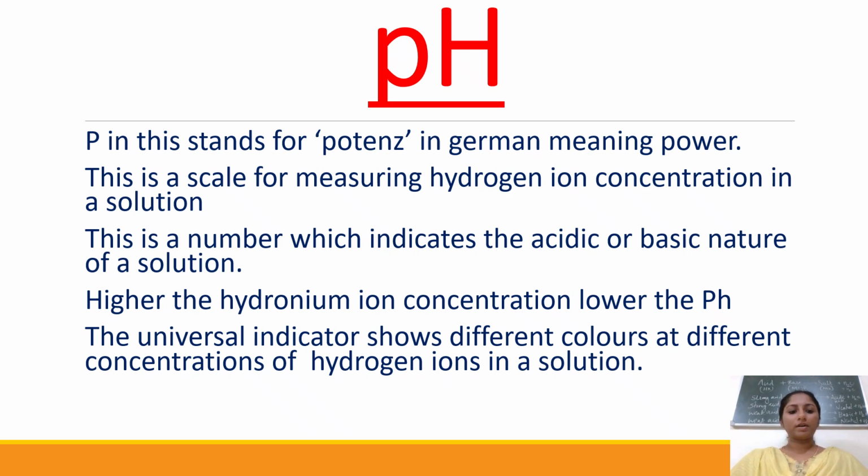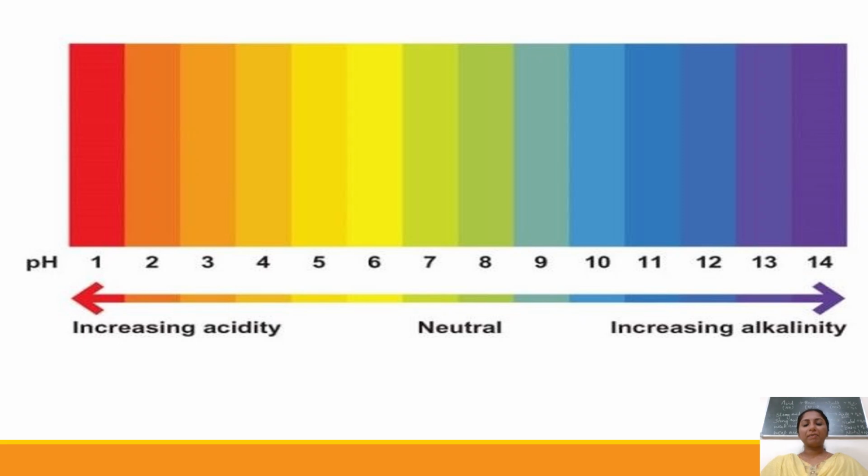The last point we can see here is that the universal indicator shows different colors at different concentrations of hydrogen ions in a solution. Here you can see the pH scale according to the color change. In the acid medium, strong acids will show red color. When we use litmus paper, the color will change from blue to red in case of acid.